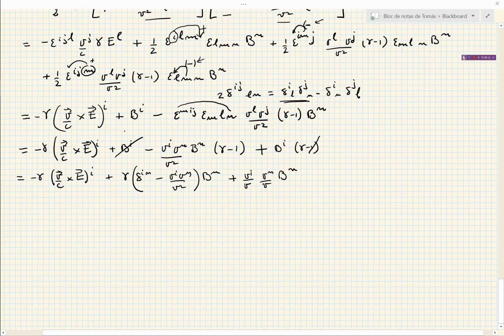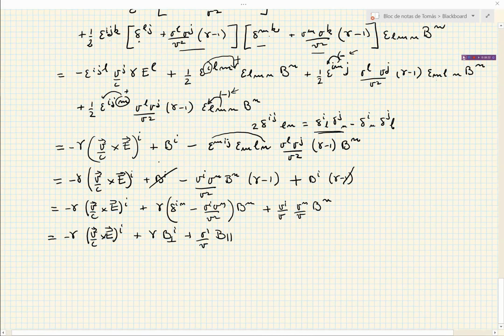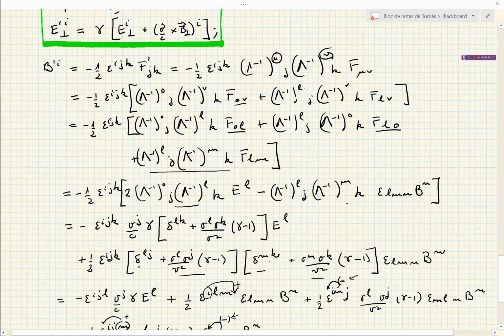Okay, this is the last step. Plus gamma B orthogonal_i plus V_i divided by V, parallel. Okay, so this was B prime_i.